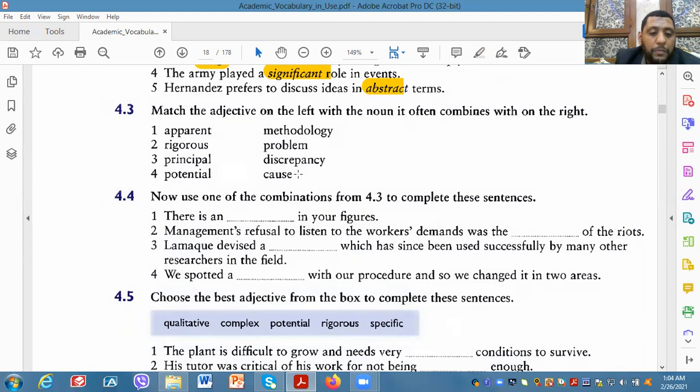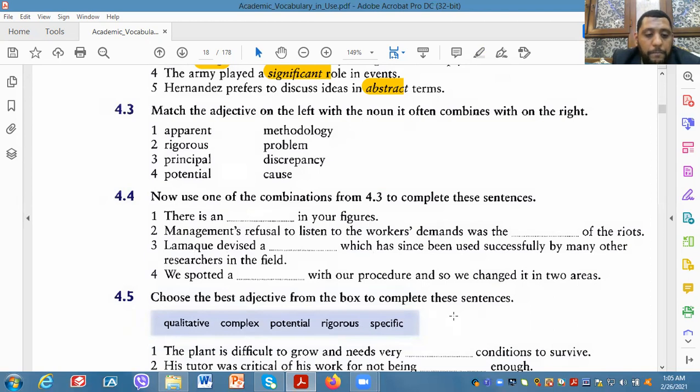Number 3. Lamarck devised what? Lamarck devised a rigorous methodology which has since been used successfully by many other researchers in the field.